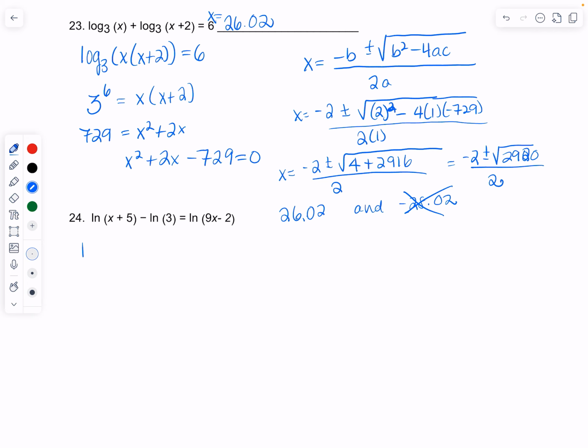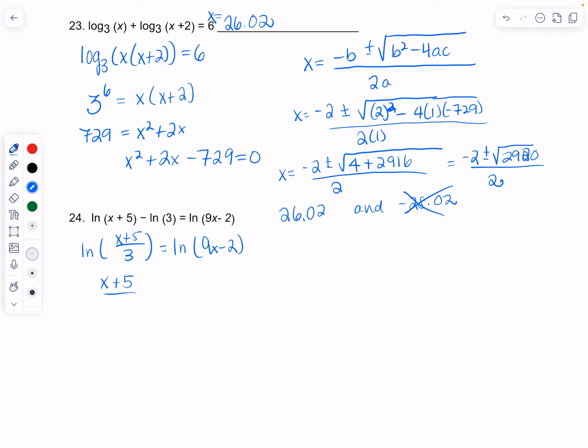Again, ln, and we have to divide by 3 because there's a minus sign there. So ln of x plus 5 over 3, sorry about that, equals ln of 9x minus 2. Since I have ln on both sides, what I can do is just set these equal to each other.